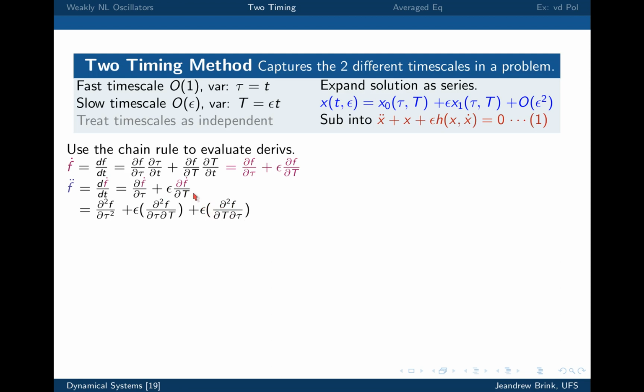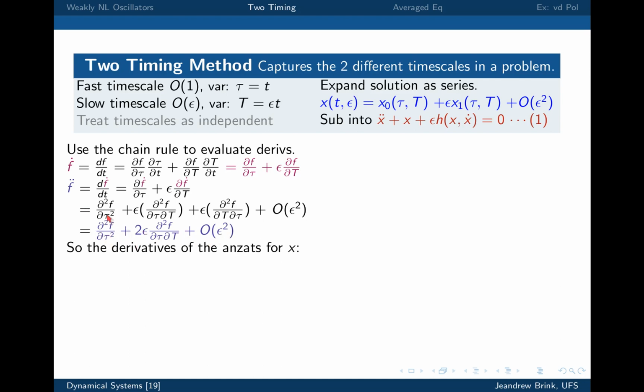And then if we look at the next term, we're going to have epsilon times the second derivative with respect to the slow time. But because we have epsilon squared, we can just ignore it and say it's order epsilon squared. Okay, so the full second derivative of f is basically this thing.